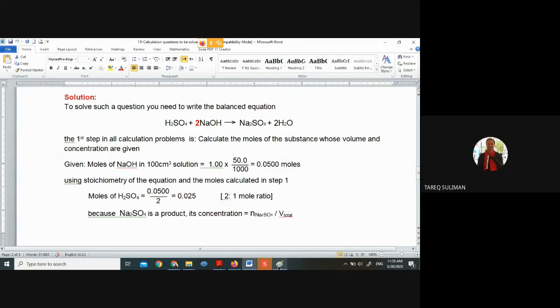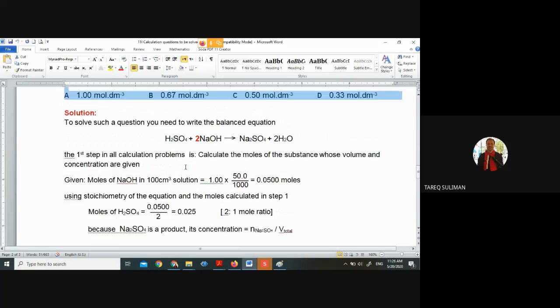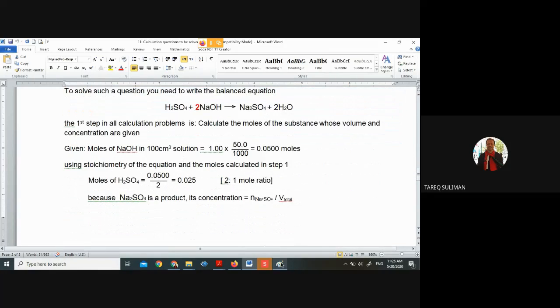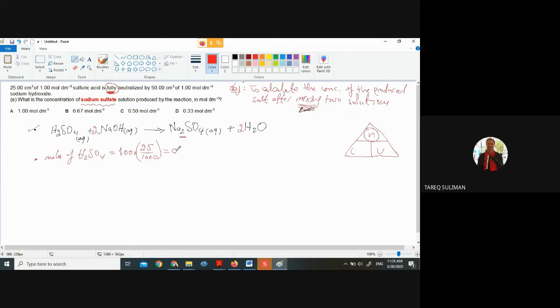Moles of H2SO4 is 0.025 moles. Also, if we calculate the number of moles of NaOH, we will find it to be what? The number of moles of NaOH will be 1.00 times 50 divided by 1000, which equals 0.050.